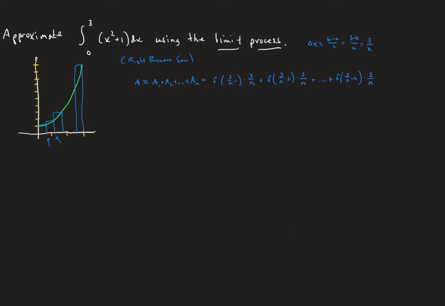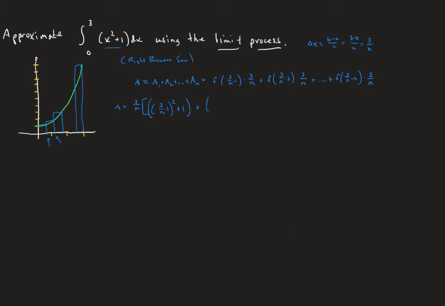Okay, now we get serious about the algebra. We're going to factor that 3 over n out. We're going to plug the 3 over n times 1 into our function, so in this case our function is 3 over n times 1, squared, plus 1. So there is our first rectangle.